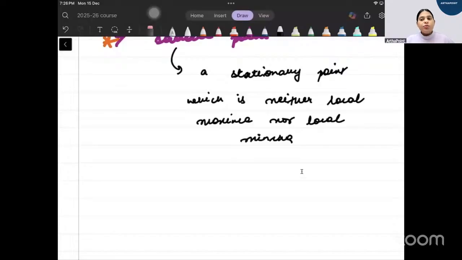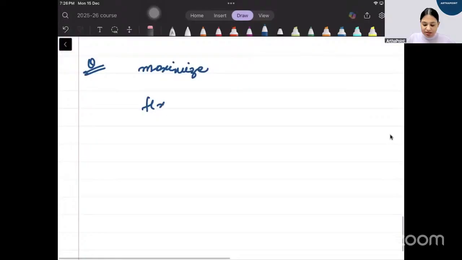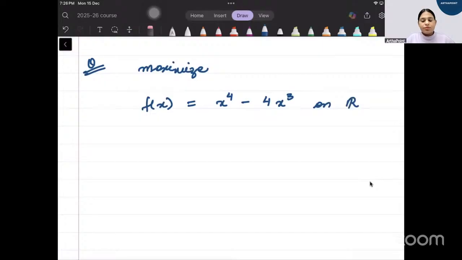So as I said, we will begin by talking about the single variable function, and then we will move on to the multivariable function. So write down the first question. Maximize f(x) is equal to x to the power 4 minus 4x to the power 3 on R. Do it.